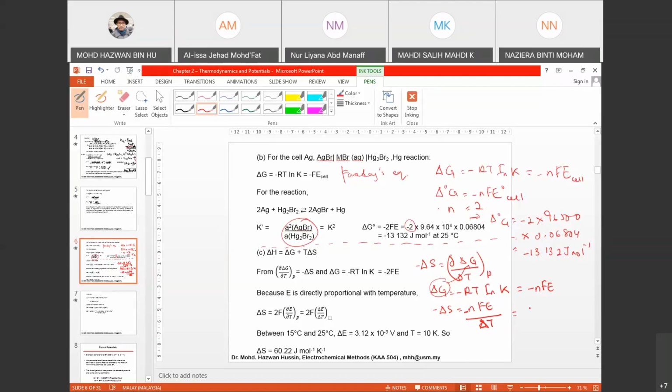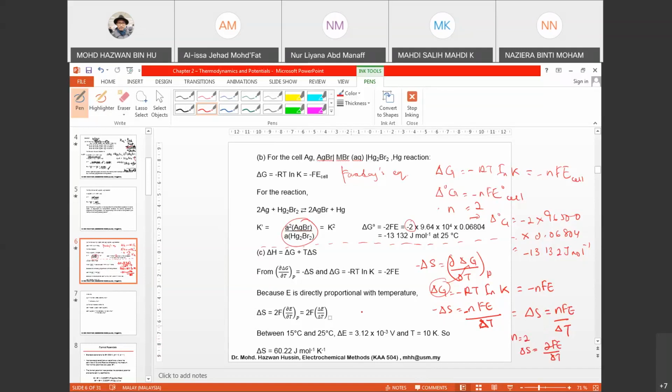So you will get delta S is equal to nFE over delta T. So n is equal to 2. Then when you substitute over here, you will get delta S is equal to 2F times change of E over change of temperature.